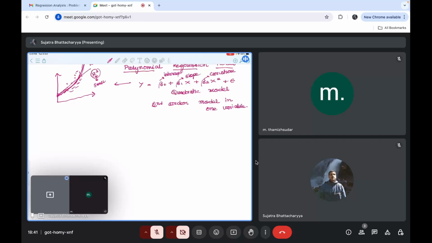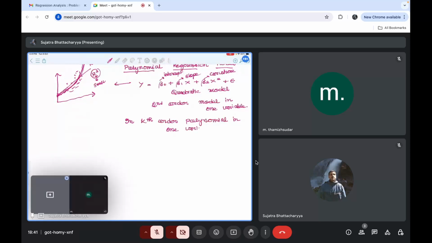Now let's generalize it for the kth order model. In kth order polynomial, you can write this as a polynomial, it's absolutely fine, in one variable only. We are not writing a multiple regression model. It will be a single regressor model.